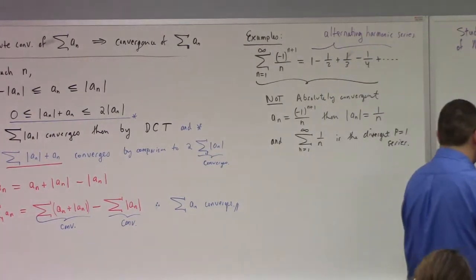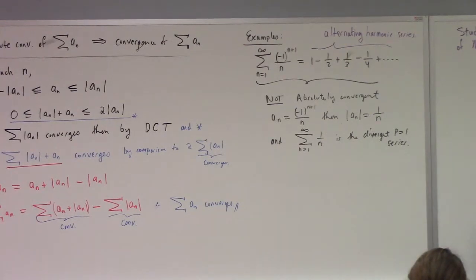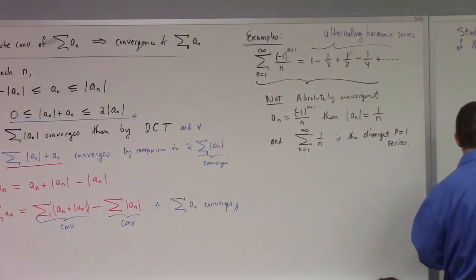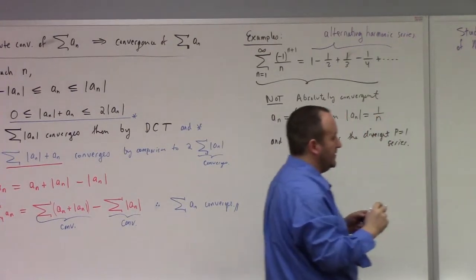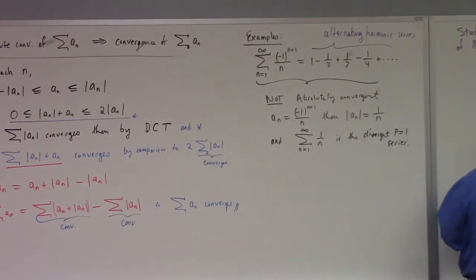Now, let me draw a picture of what's going on here. So here's 1. Here's 0. So on this number line, where is S2? It's right in the middle, right? Here's S1 over there, right?